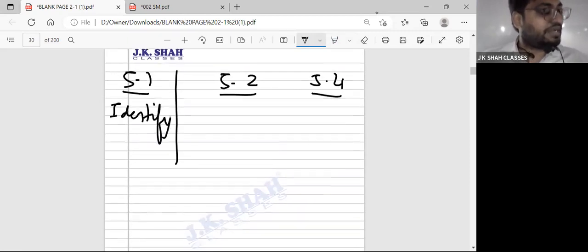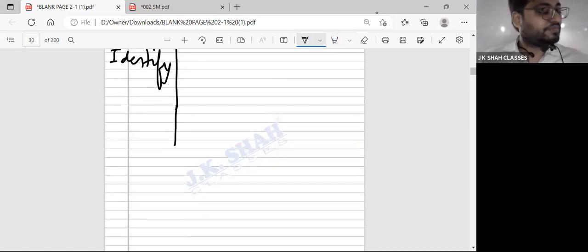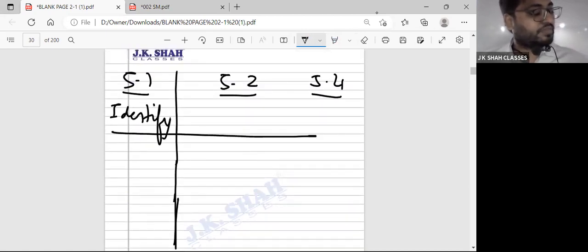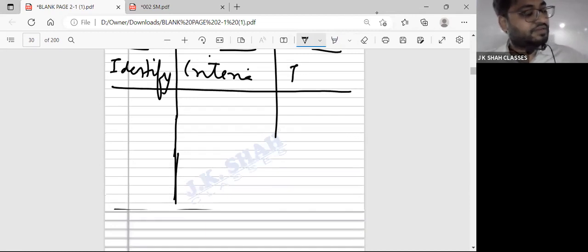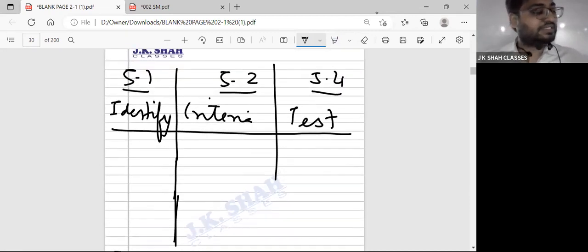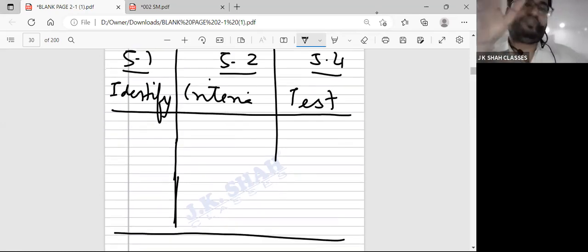How to identify, what is the criteria, and what are the tests. 5.1, 5.2, 5.4. Let me first finish writing this, then I will give you time to copy.